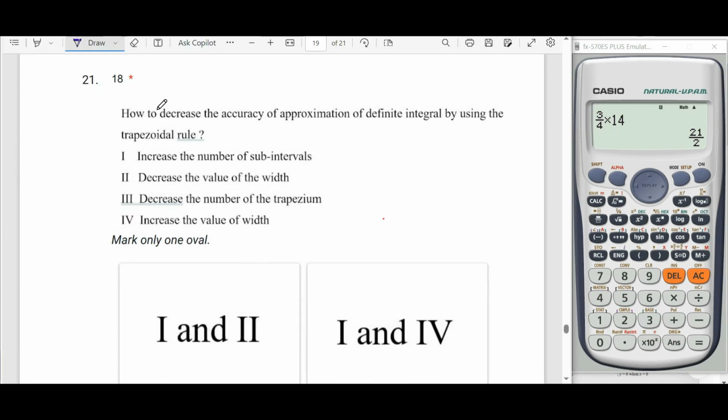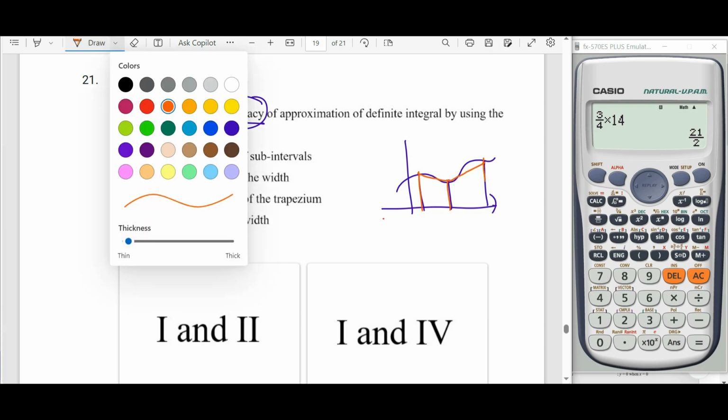Next, how to decrease the accuracy of the approximation of a definite integral by using the trapezoidal rule. Trapezoidal rule means you are finding area using trapezia. Your accuracy will decrease when you use bigger trapezia. As you see, when you use bigger trapezia, the area covered by the trapezia will not be as close as with smaller trapezia.